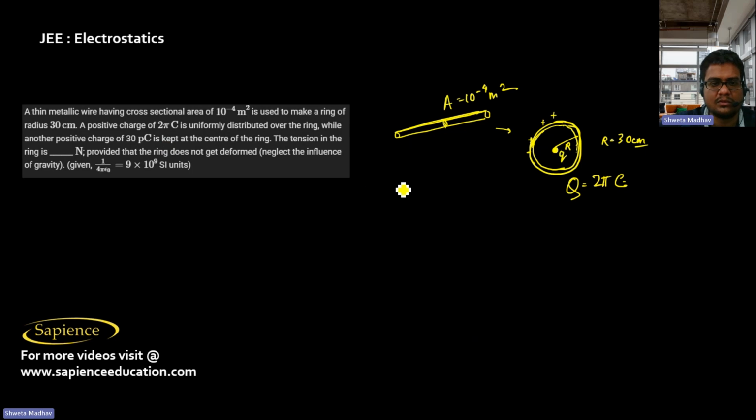Small charge q is equal to 30 picocoulomb, 30 into 10 power minus 12 coulomb, kept at the center of the ring. We have to find the tension in the ring, provided that the ring does not get deformed, neglecting the influence of gravity.